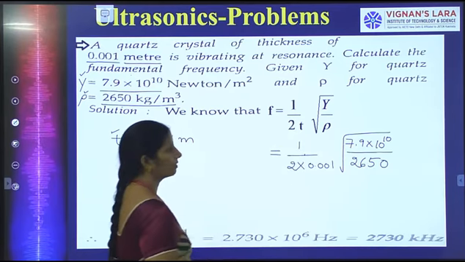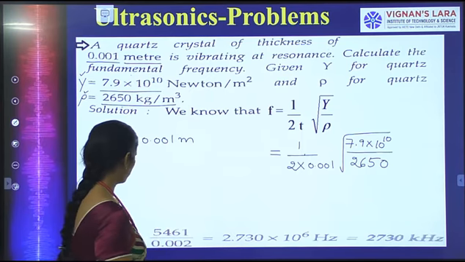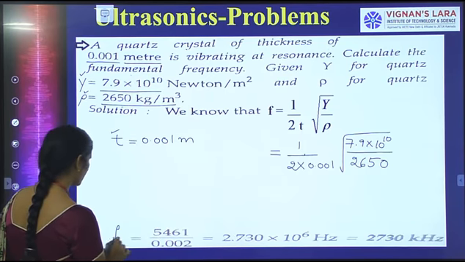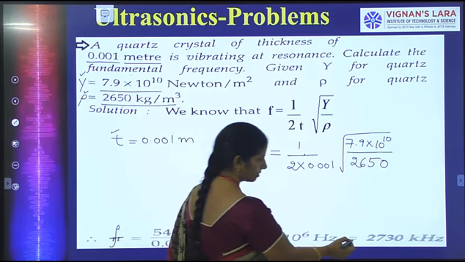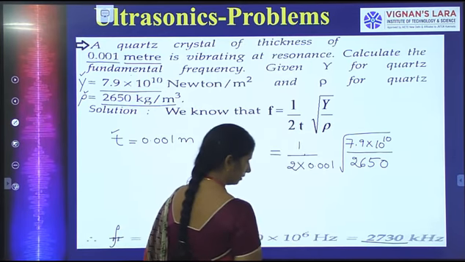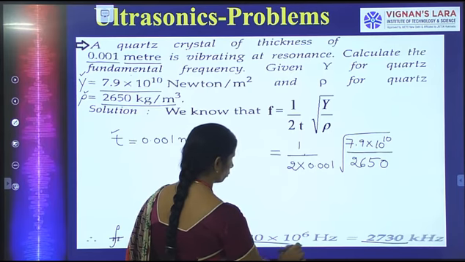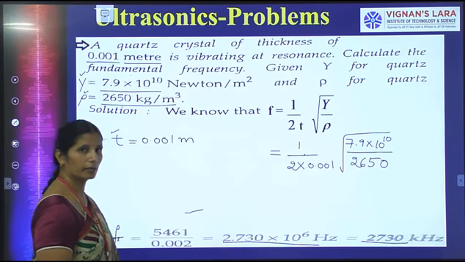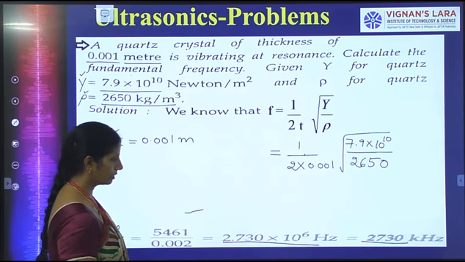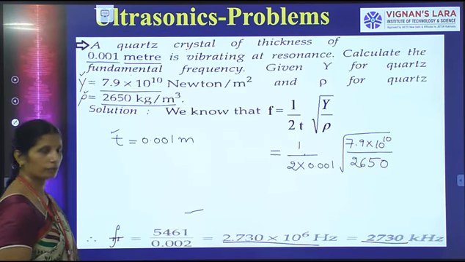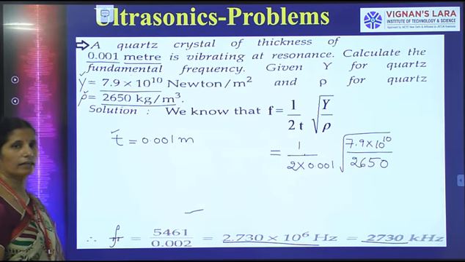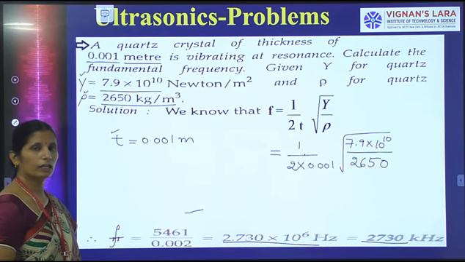By substituting all these values and simplifying, we get the frequency F as 2.730 into 10 power 6 hertz, or 2730 kilohertz. So in this way we can calculate the problems in ultrasonics.